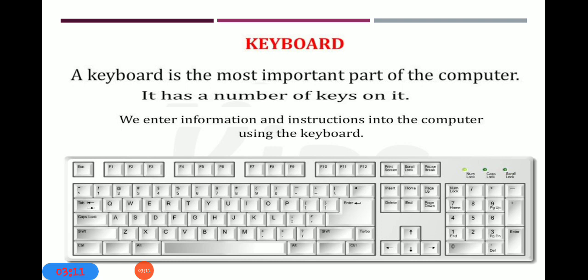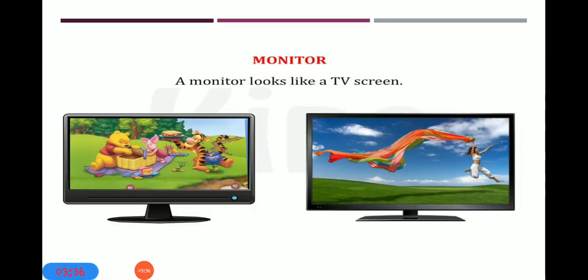This is called input, and this step is performed using a keyboard. Okay, so input means what? To enter information and instructions into the computer, and that input is performed using a keyboard. Clear? So the first step, input, is done by the keyboard, and this is the first part of a computer system.